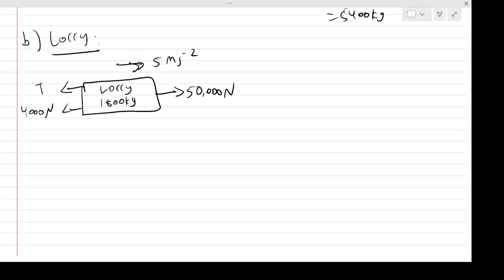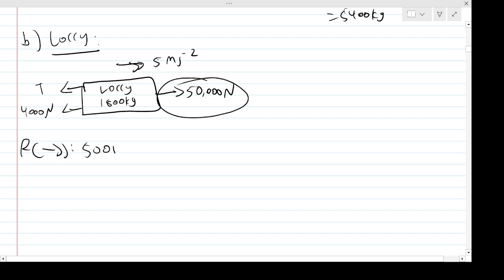So what we can do here to work out tension, well, again, we can consider resolving, right? If I resolve forwards, well, firstly, the forwards force is 50,000. Take away the backwards forces, so the opposite way. So take away the tension, that's going backwards. Take away the 4,000, that's also going backwards. That's my overall force. So overall, this equals mass times acceleration, where the mass is 1800 times the acceleration of 5.